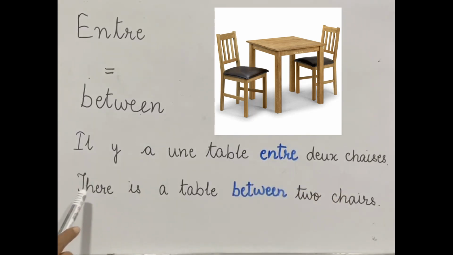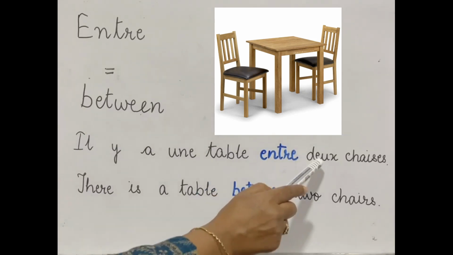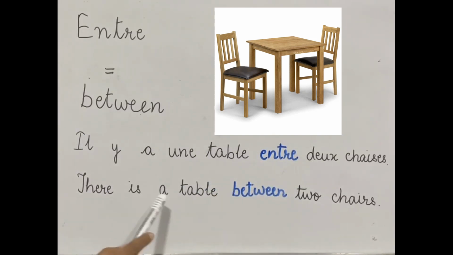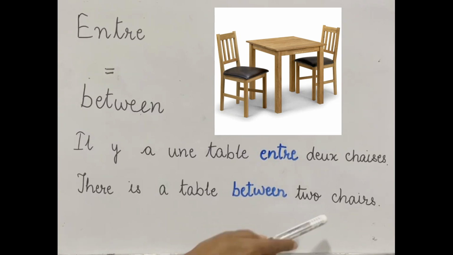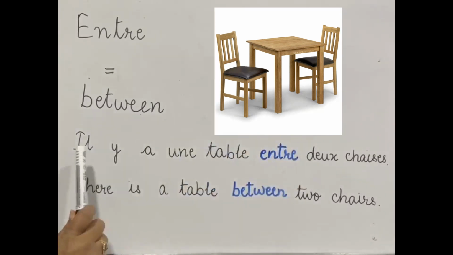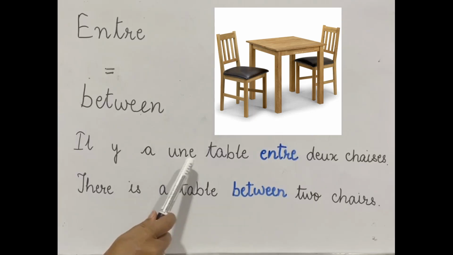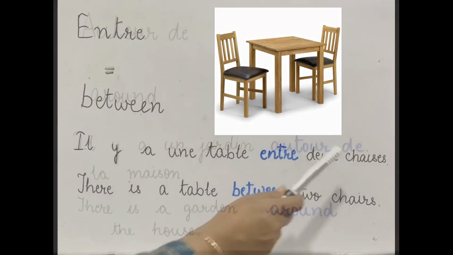Il y a means there is or there are. So there is a table between two chairs. You see in the picture there is a table between two chairs. Il y a une table entre deux chaises.